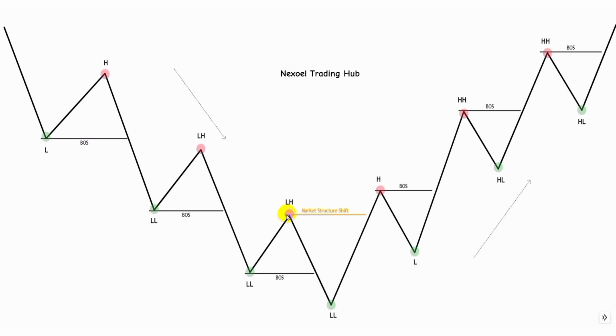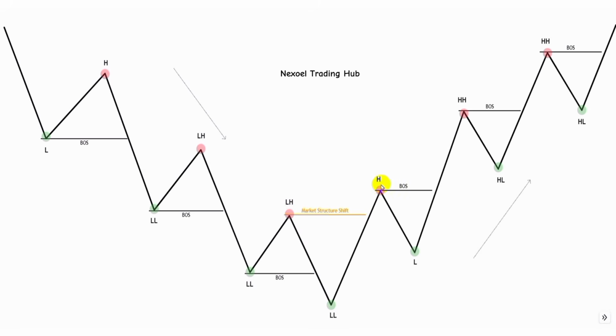So you can see price broke through this lower high point. Price pushed to the upside and closed above the lower high point. So we have a market structure shift. From a bearish market condition, we've now shifted into a bullish market condition. We have a market structure shift at this swing high point.